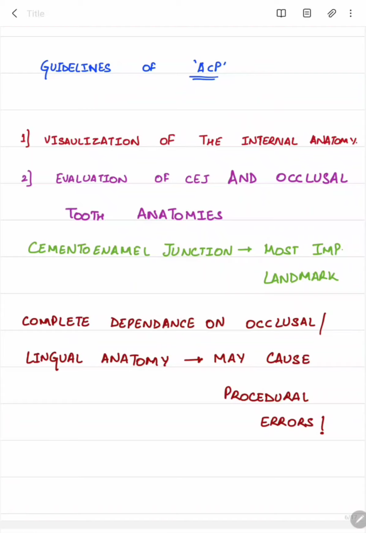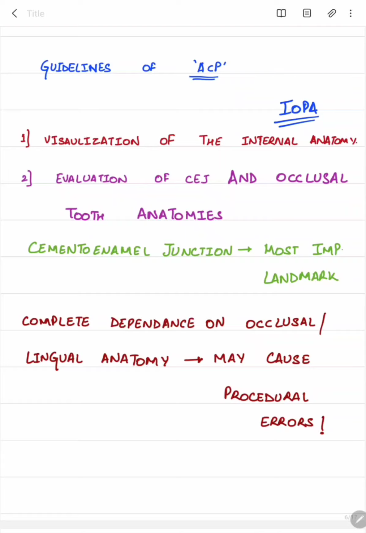Now what is the procedure of access cavity preparation? For that purpose we are supposed to follow these guidelines. The first one is visualization of the internal anatomy, which is done by taking radiographs, that is intraoral periapical radiographs, right? Secondly, evaluation of the cemento-enamel junction and occlusal tooth anatomy. Both landmarks are very important while doing root canal treatment, but the cemento-enamel junction is considered the most important landmark, because sometimes the root is not perpendicular to the occlusal surface of the tooth, right?